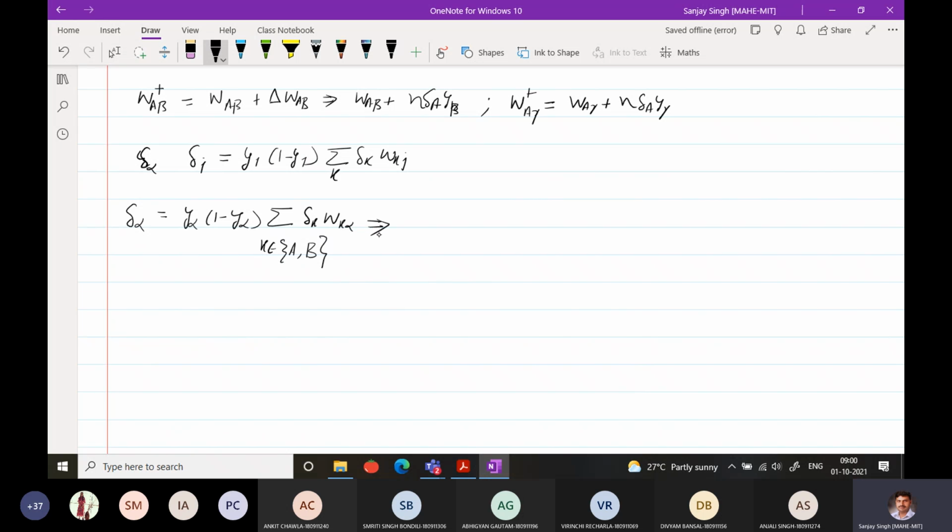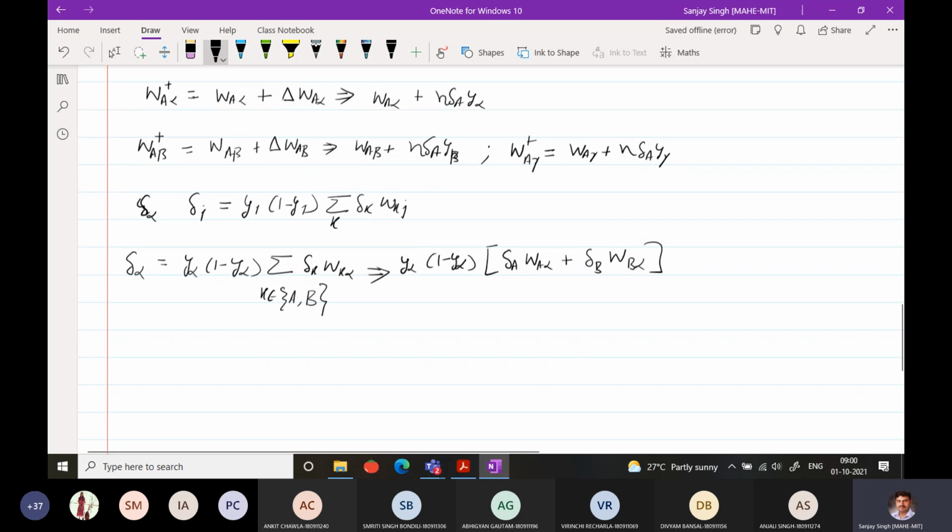So when I expand it further, I can write y of alpha 1 minus y of alpha, and when I open this summation, k once will take index A, another time it will take B. So it becomes delta A W A alpha plus delta B W B alpha.